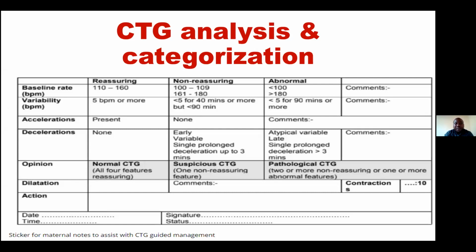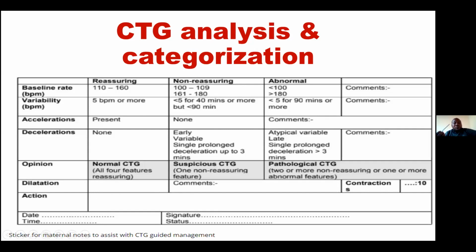The baseline rate being in the normal range is reassuring when it meets such elements as we discussed. Is there acceleration? If yes, it is reassuring. Is there deceleration? We have to have no. As I said, deceleration is a sign of poor oxygen transfer to the fetus through the placenta.